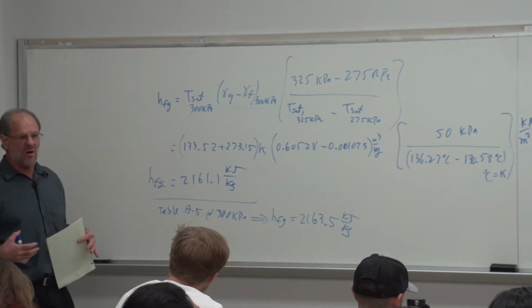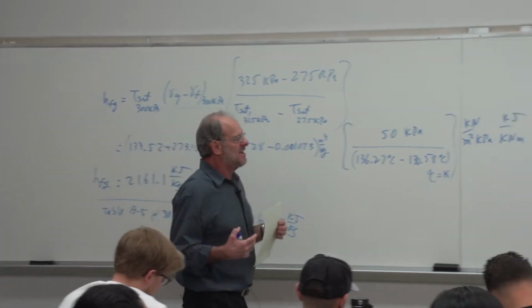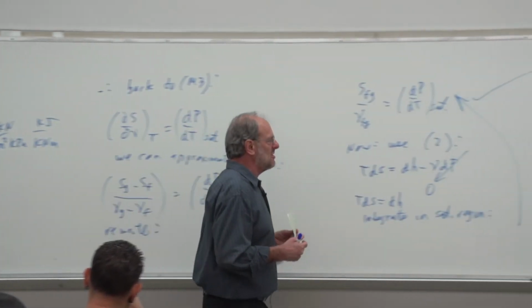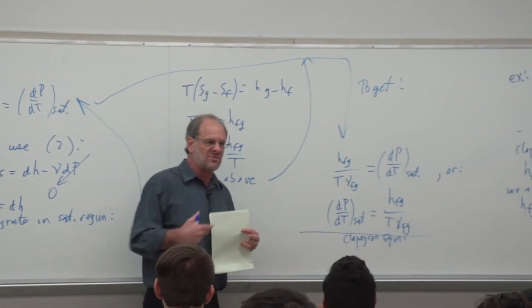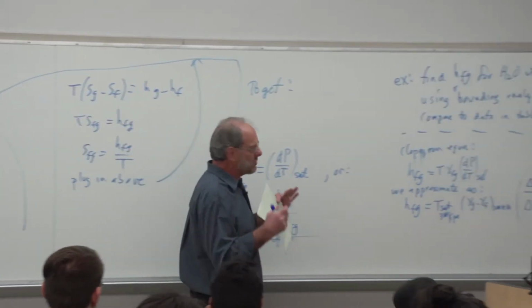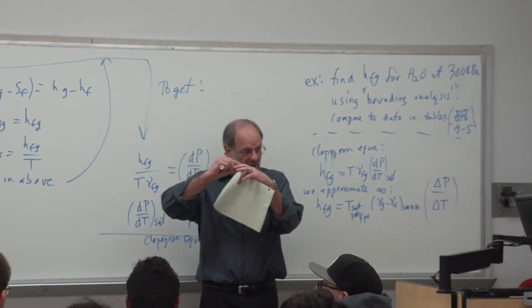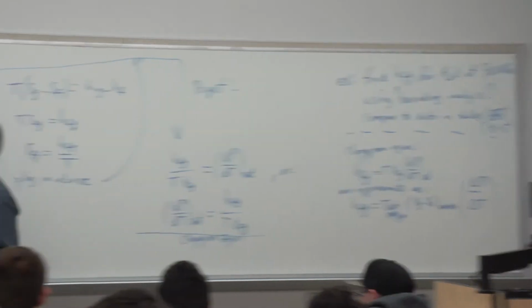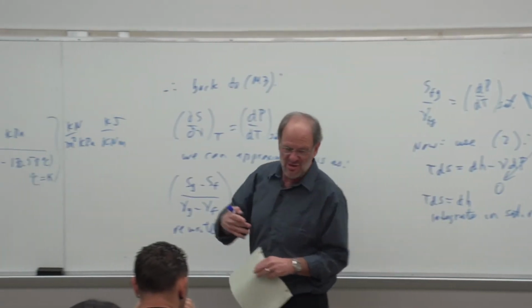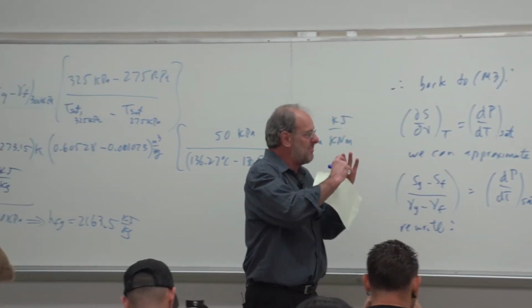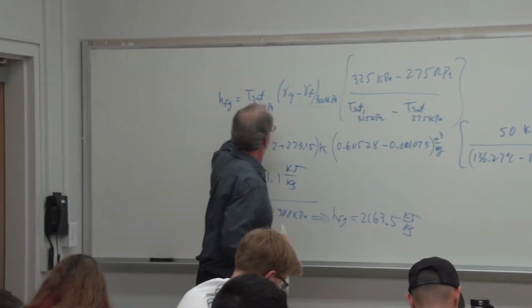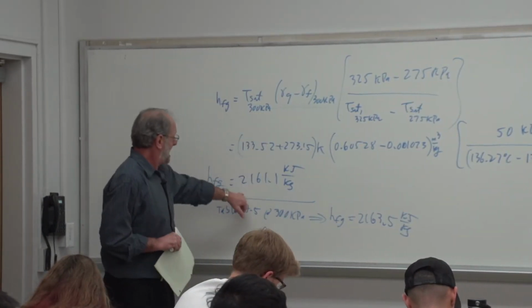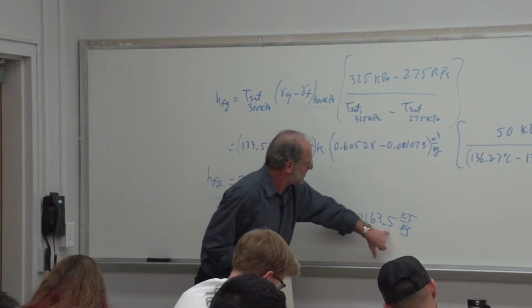So that's a very, very small error, especially when you consider that our bounding analysis was done over a very wide range of pressures and temperatures, right? If we were doing this in a lab, our bounds would be quite a bit tighter. You know, we'd have data at 300 kilopascals, at 300.5 kilopascals, at 299.5 kilopascals. Our bound would be much tighter, and the error introduced would then be a lot less, and we probably would end up with something that's quite a bit closer to this number.